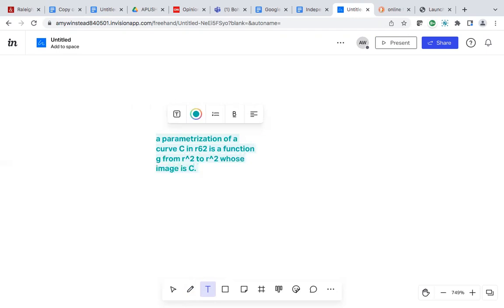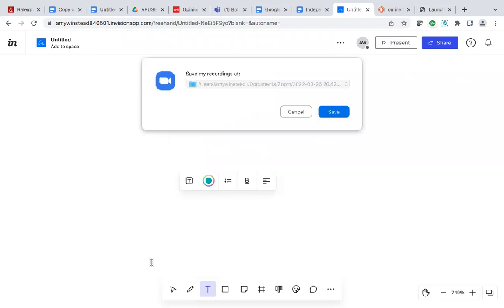Where the image is the curve. The example they gave was the unit circle, where f of t equals cosine t, sine t. The image is, obviously, the curve itself. So that was a good example.